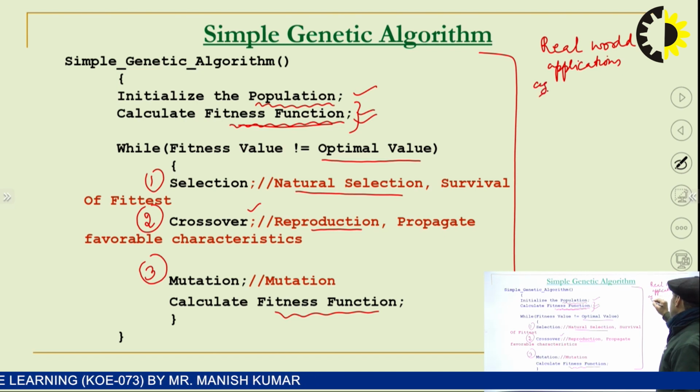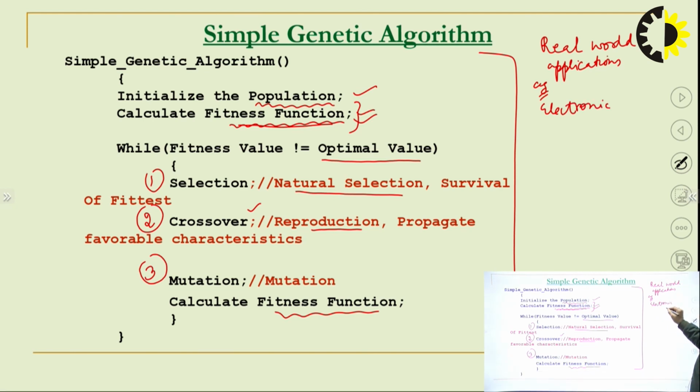For example, what are those real world applications? Number one, designing the electronic circuit. Number two, code breaking, for which we can use the concept of genetic algorithms.